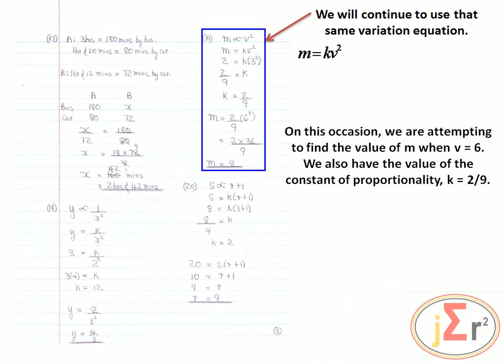On this occasion, we are attempting to find the value of m when v is equal to 6. We also have the value of the constant of proportionality, k is equal to 2 over 9, that we tend to neglect sometimes.